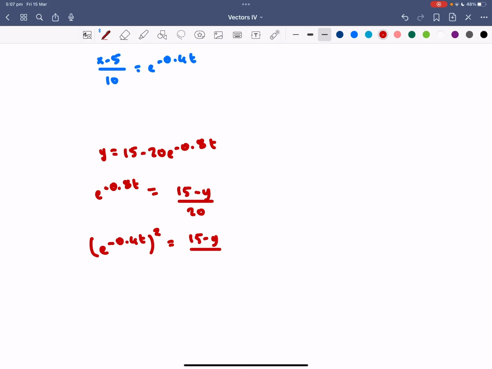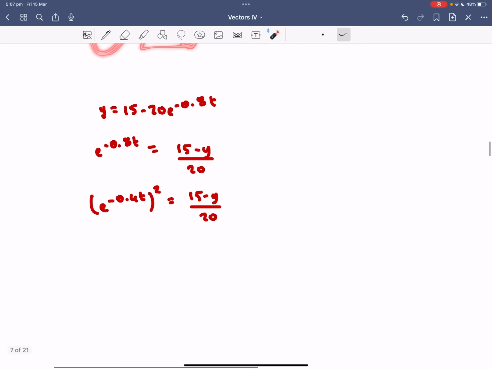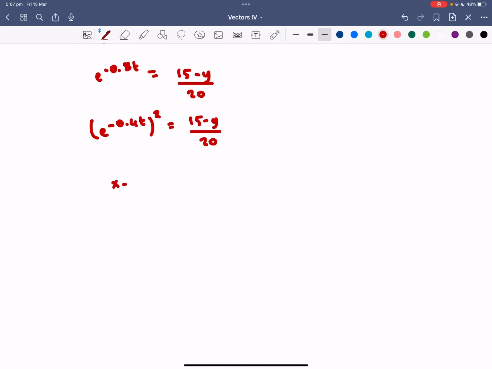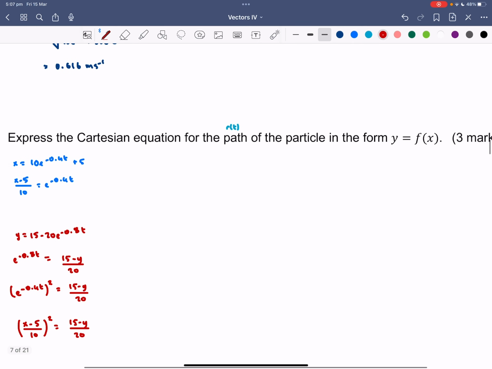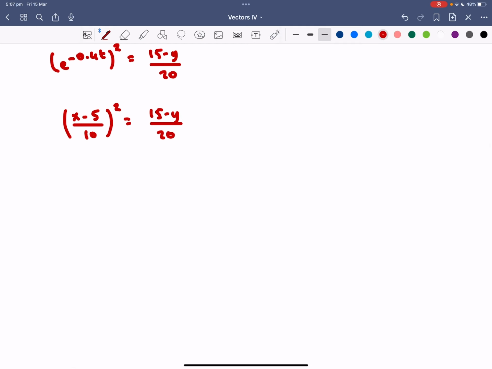Ah, that's perfect, because now you have an expression for e to the minus 0.4t. It is x take 5 on 10. So I can just write x take 5 on 10 squared equals 15 take y on 20. Perfect. They want it in the form y equals something, so that's also pretty straightforward. Bring the 20 across. So 15 take y is 20 lots of what we just said.